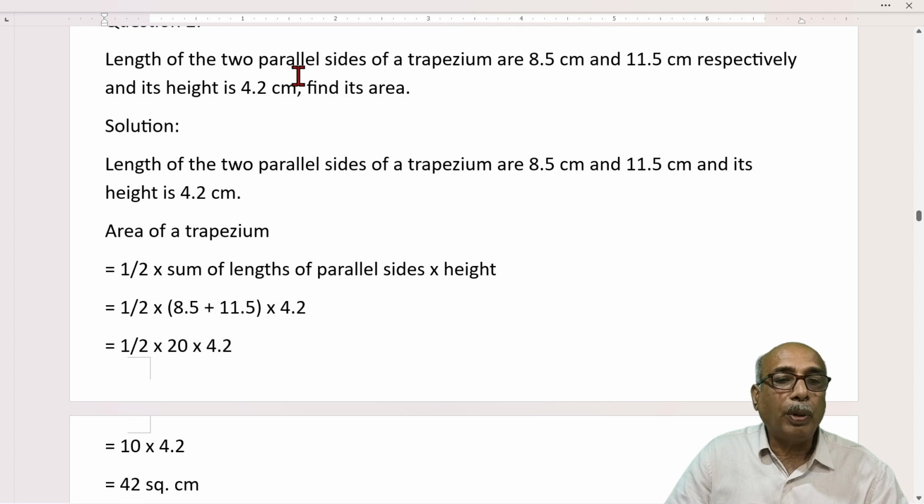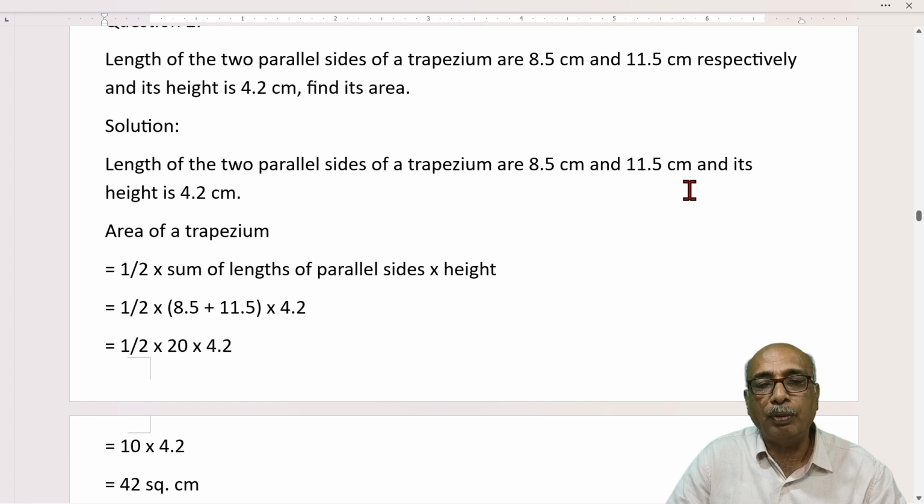Length of the two parallel sides of a trapezium are 8.5 centimeter and 11.5 centimeter respectively, and the height is 4.2 centimeter. Find its area. Area of trapezium equals half into sum of lengths of parallel sides into height.